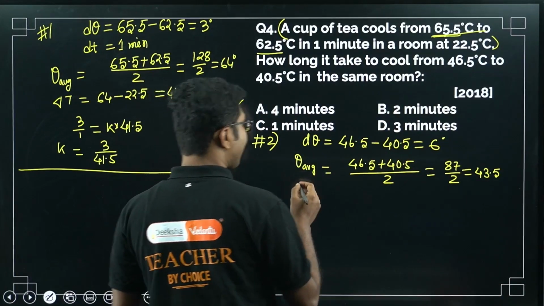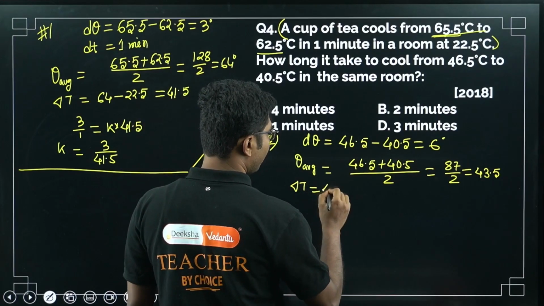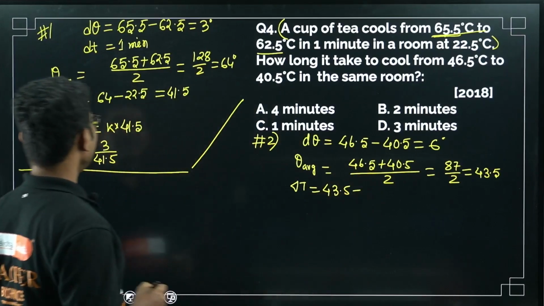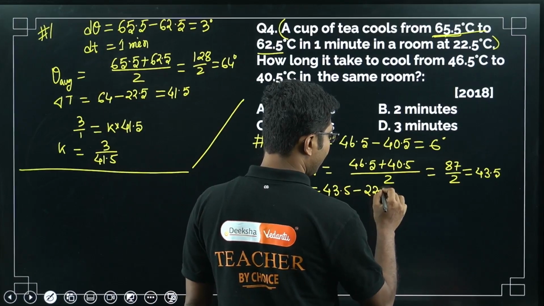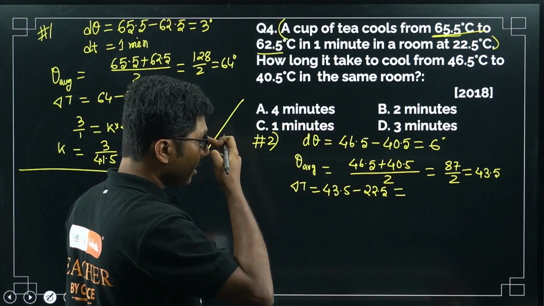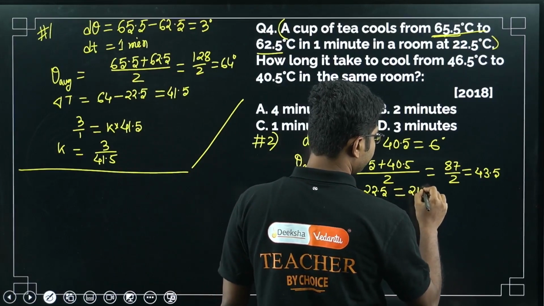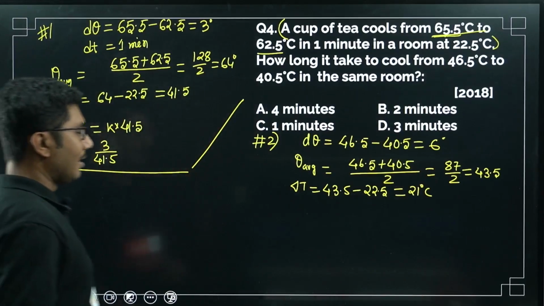So if this is the average temperature, then what is delta T? Delta T is 43.5 minus the room temperature, 22.5. So the difference is 21. So this is the theta average, this is the delta T.